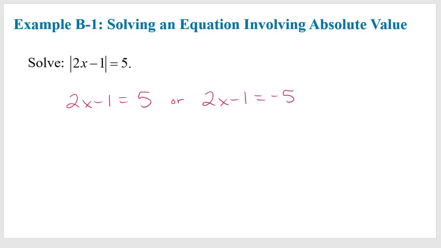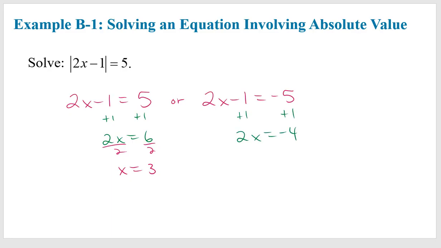All right, and then you're just going to solve each of those individually. So I'd add 1 to both sides here. I get 2x equals 6, and then I can finish that off by dividing both sides by 2, and I get x equals 3. So there's my first solution, x equals 3. And I'm going to do the same thing with the second equation. I'm going to add 1 to both sides. I get 2x equals negative 4.